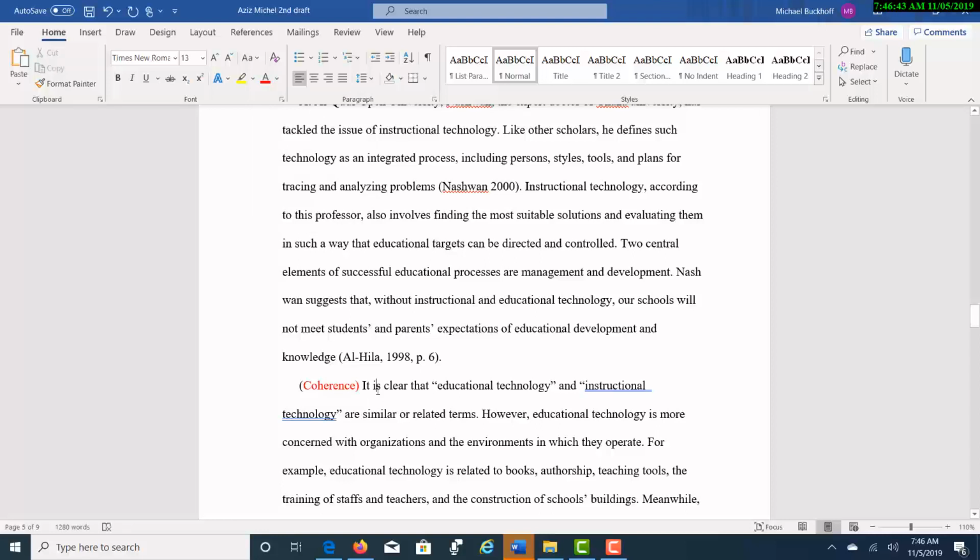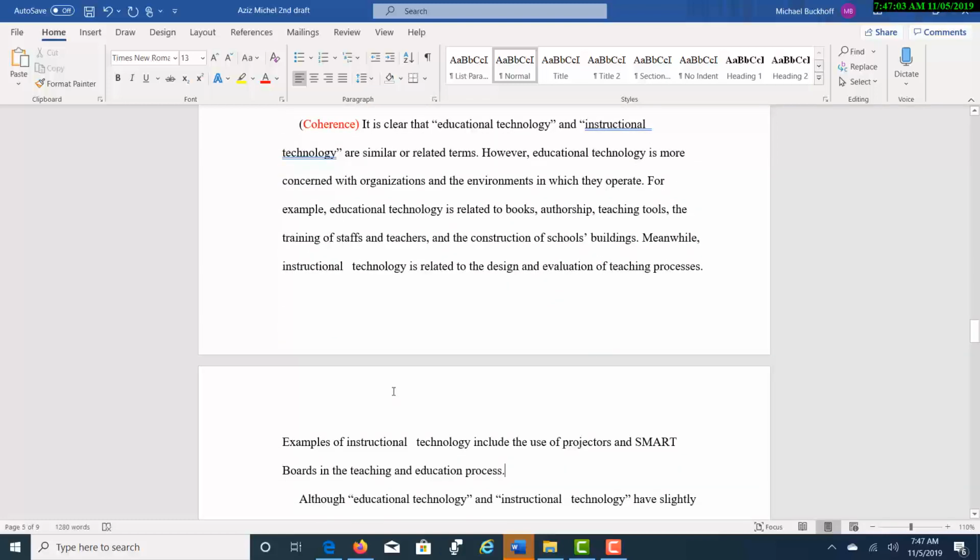It is clear educational technology, instructional technology are similar related terms. However, educational technology is more concerned with organizations and the environments in which they operate.